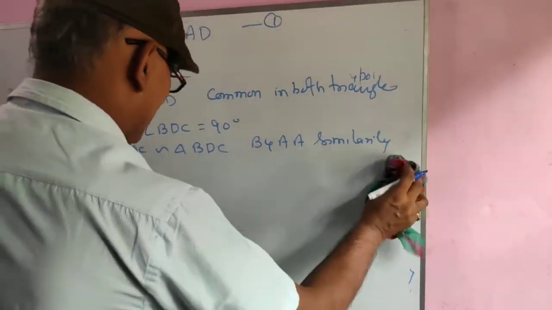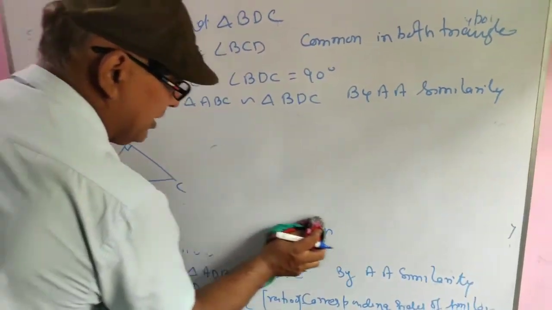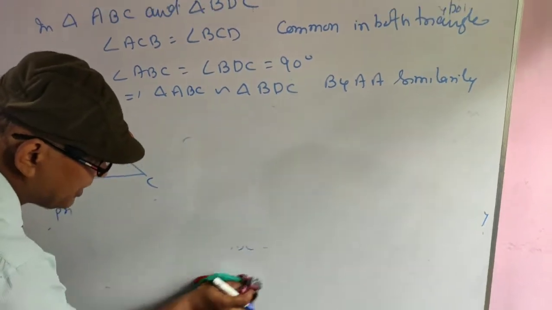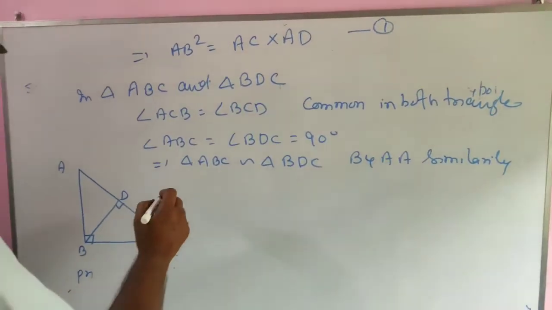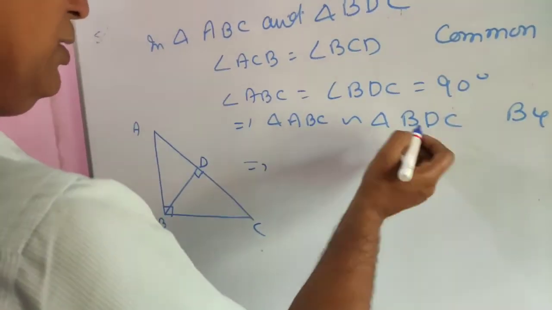Now in similar triangles the ratio of corresponding sides are equal. So we use this result.